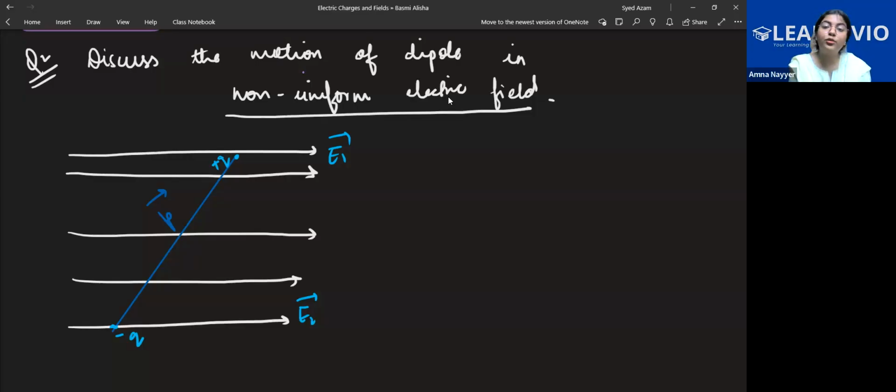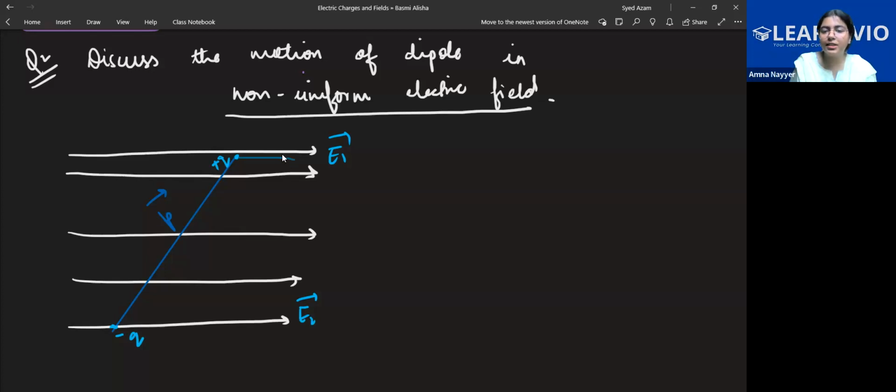No, I'm asking for the force F. E is there, Q is there. E is equal to F by Q, you use that formula. So F will be equal to EQ. Exactly.